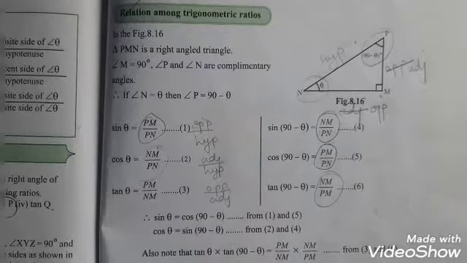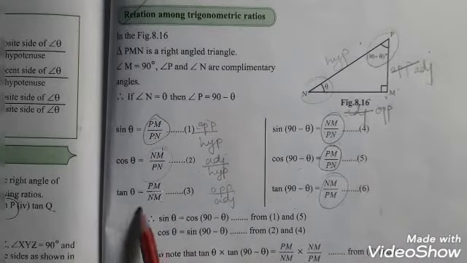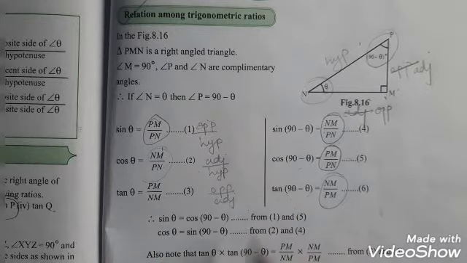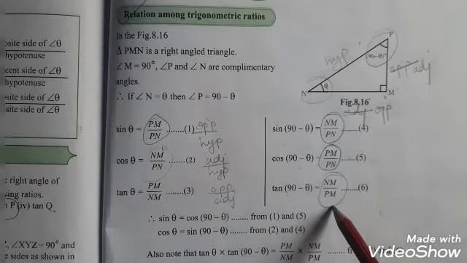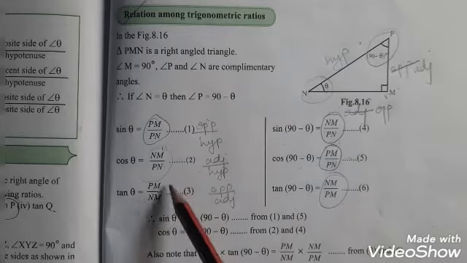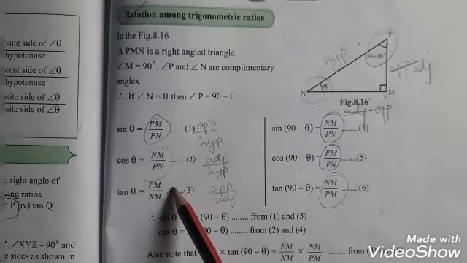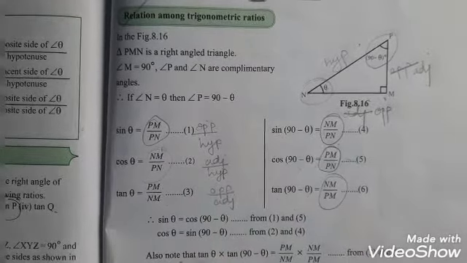Okay. Now tan theta and tan 90 minus theta. If you see both of them, it is PM upon NM and it is NM upon PM. So both have same ratios, only the place is different. So what I do, I will multiply tan theta into tan 90 minus theta.